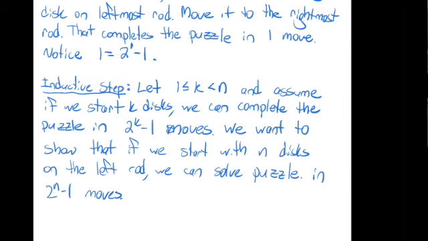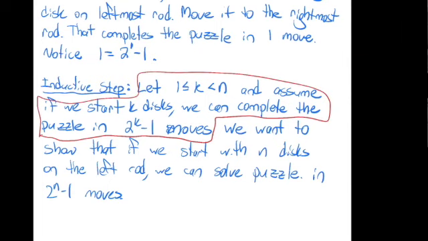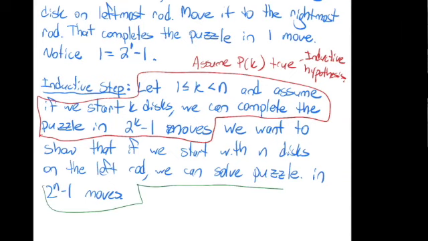So it's like this piece over here is assuming that P of k is true. And this is what's called the inductive hypothesis. And then all of this stuff over here is what we need to show.